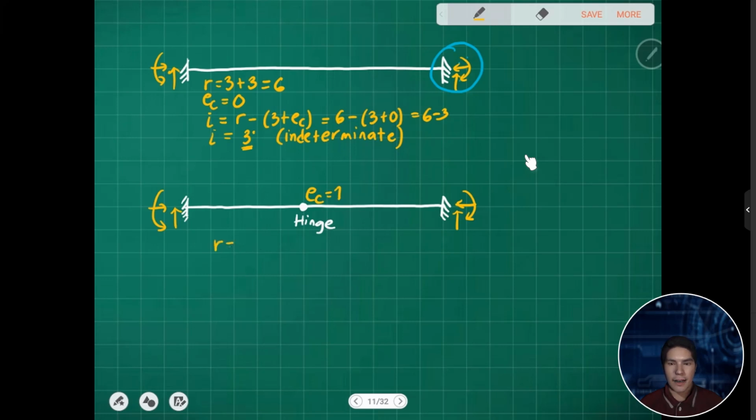So the number of reactions, we have 3 plus 3, again we have 6. Conditional equation we have 1. So the degree of indeterminacy is r minus 3 plus EC. So we get 6 minus 3 plus 1, so we have 6 minus 4. So it is 2 degrees indeterminate.